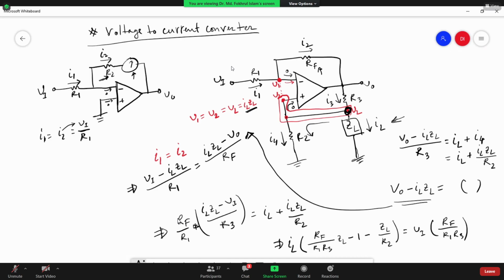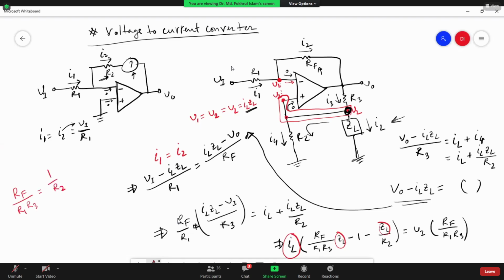And then, in order to make the load current IL independent of ZL, we need to design in such a way so that RF by R1 R3 equals 1 by R2.